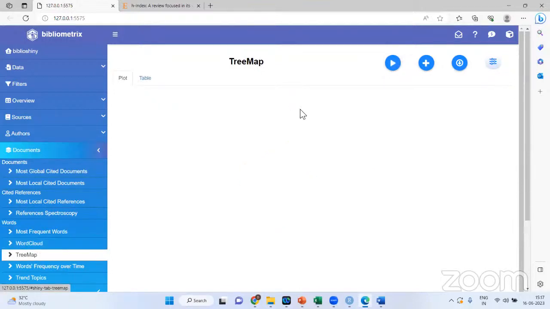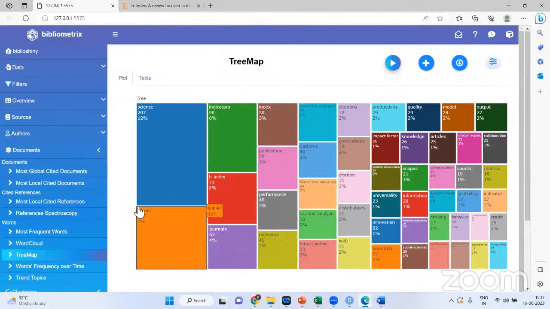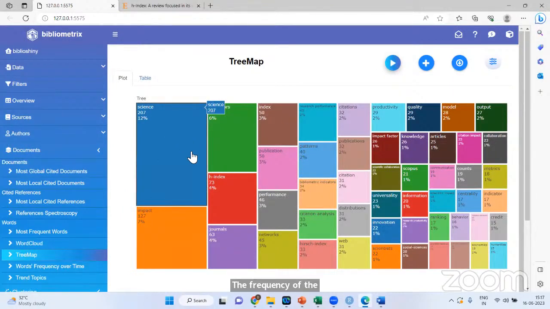Tree map. The frequency of the words which are repeated: the larger the rectangle, the larger the area, it means that this word is repeated quite a number of times.